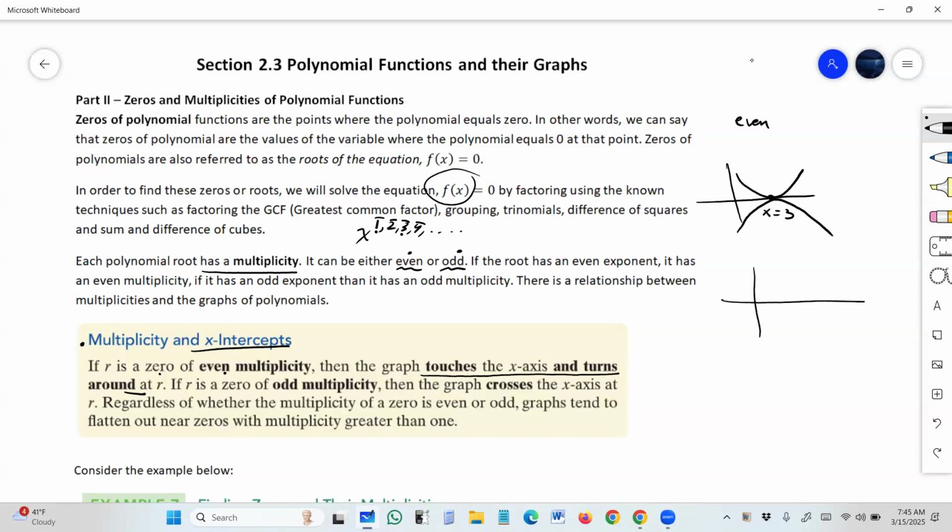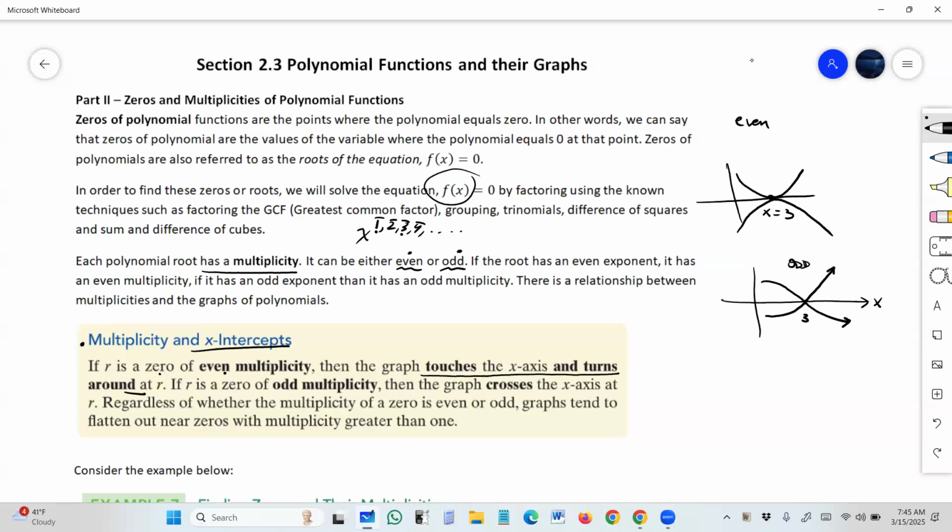If, on the other hand, the graph at 3 has an odd multiplicity, the function is going to behave this way, either coming from the negative and crossing into the positive, or coming from the positive and crossing into the negative. So this is odd multiplicity.